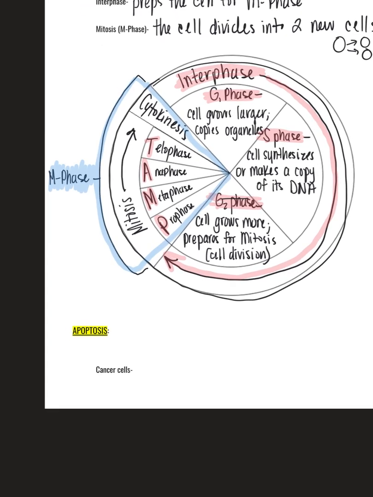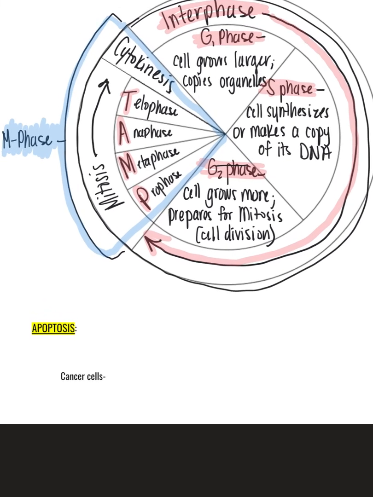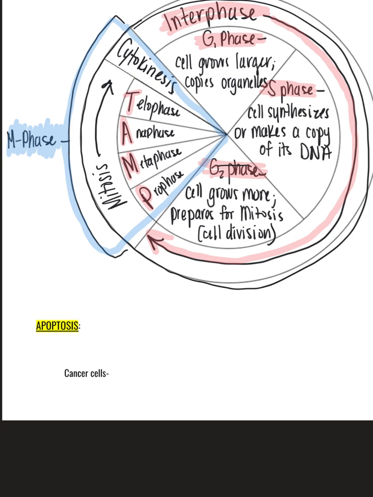Now let's go on to the last thing for notes. Down at the bottom where it says apoptosis. Apoptosis is programmed cell death. During apoptosis, cells are going to get a signal to shut itself off.